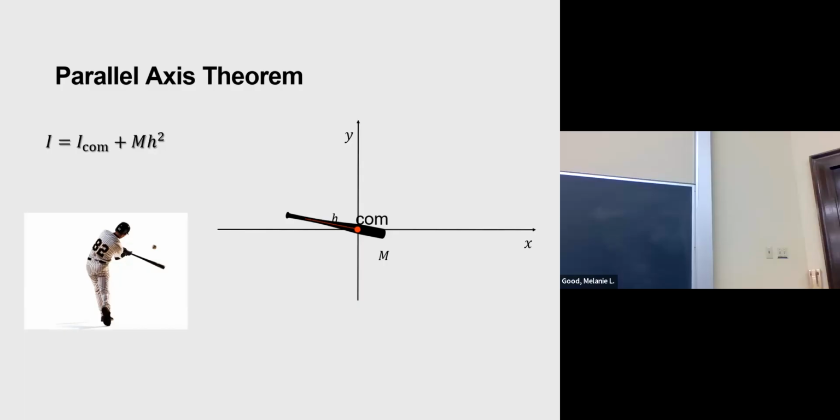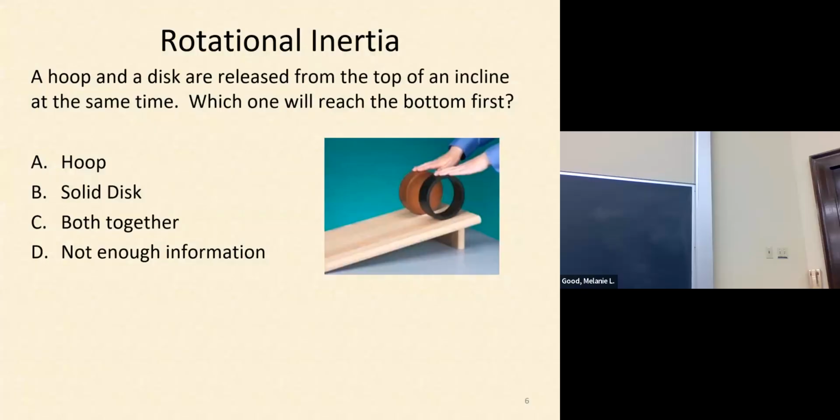Meanwhile, the rest of us can do this. How many have done this in their high school physics class? Okay, so you're not allowed to guess what the answer is if you've already done this. So I've got a hoop and a solid disc, right?